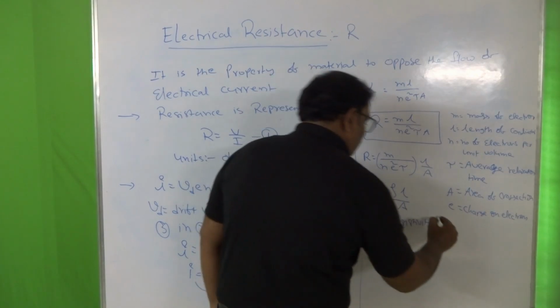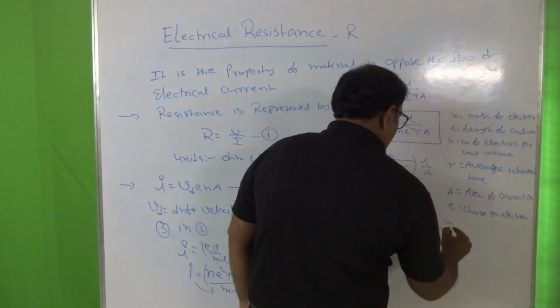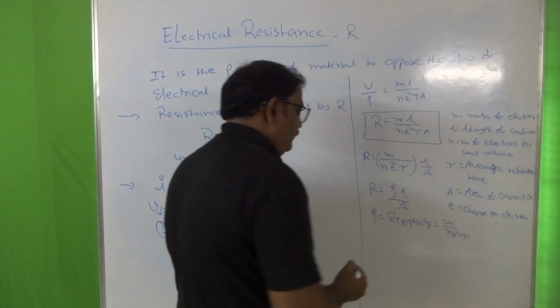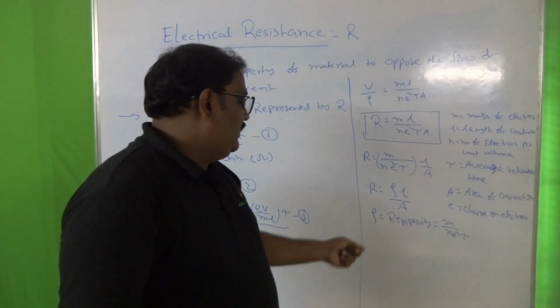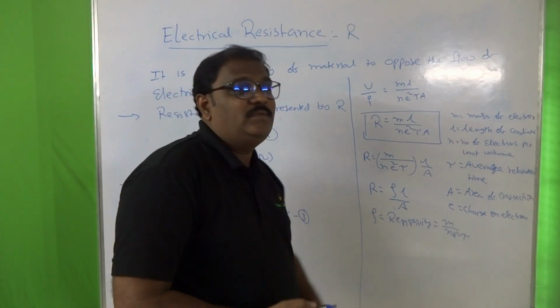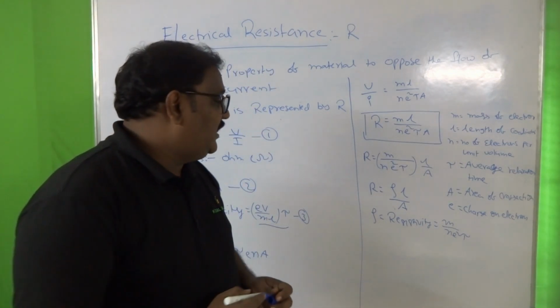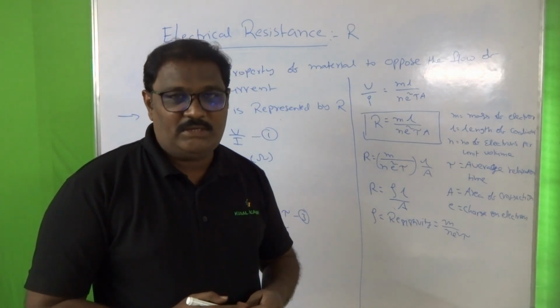That is equal to m by n into E square into tau. So dear students, this resistivity value depends upon the temperature and type of the material. It does not depend upon the shape and size of the material.